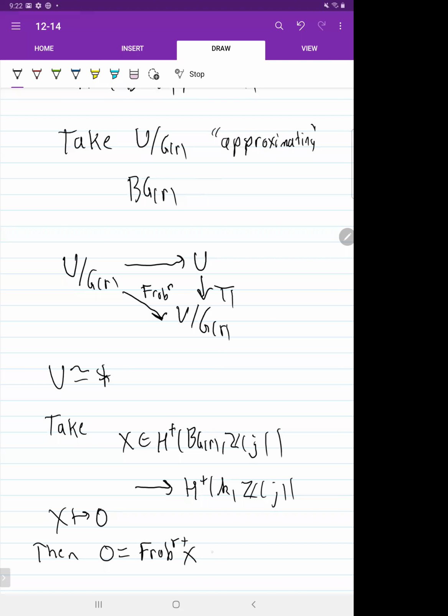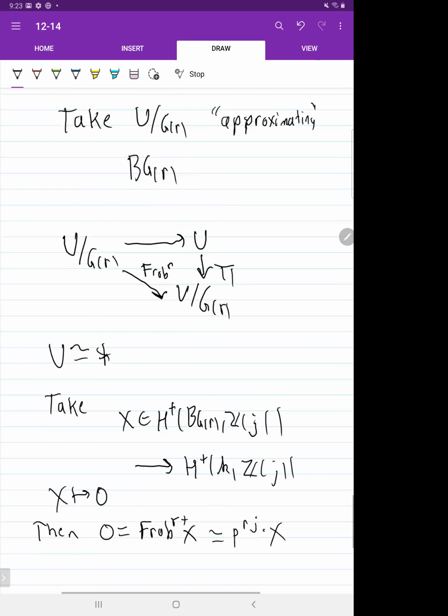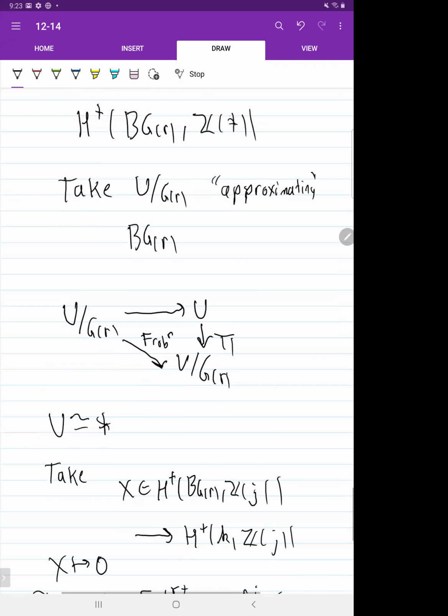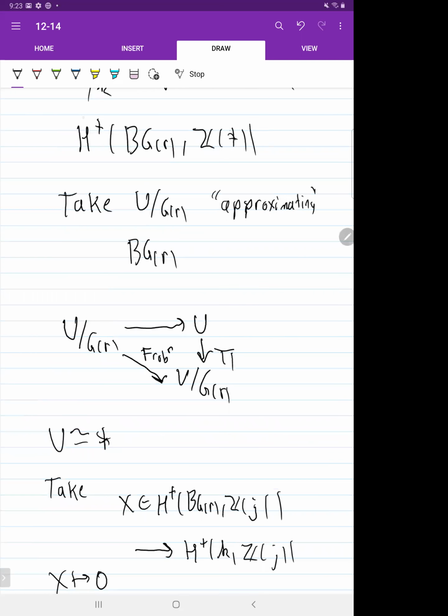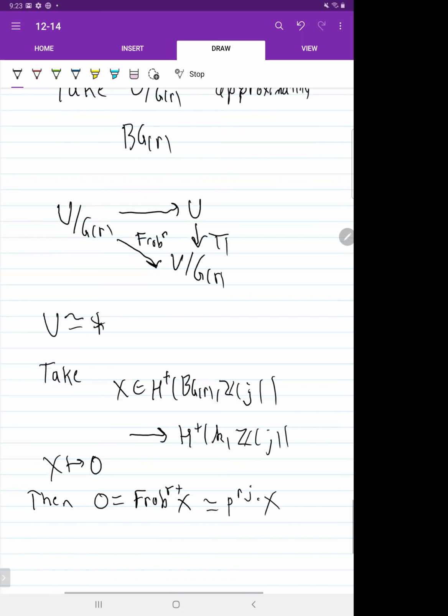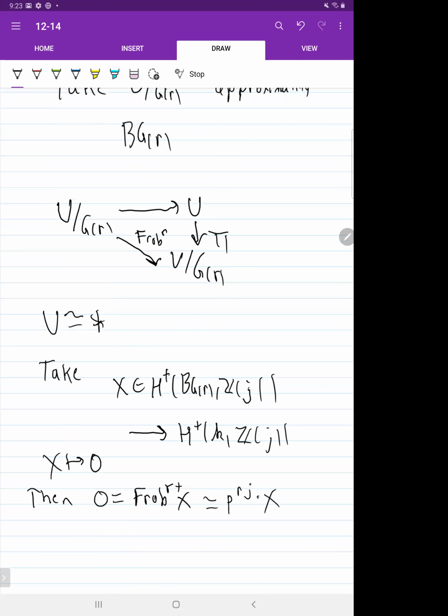So this is equal to p^{rj} times x. So this tells you what all the p-torsion on the motivic cohomology of BG_r is. So it varies with weight. And then you can get a bound on the torsion in terms of G as well.